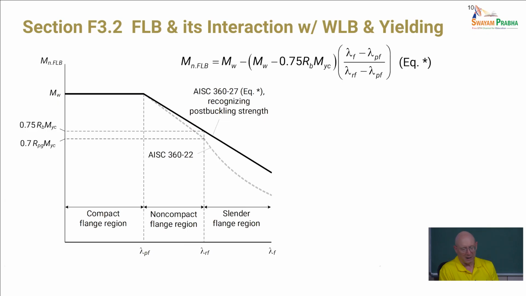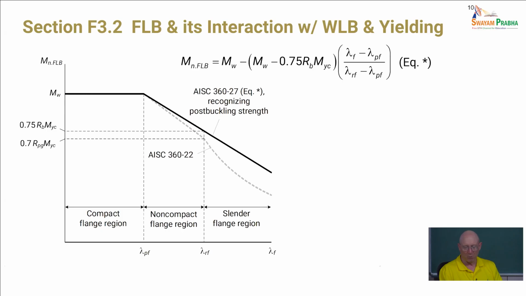So the new calculation will basically just use this linear function, which is a coarse representation of what we would get if we did an effective width approach to calculate the contribution of the compression flange. So it's accounting for some post-buckling strength, but tends to be accurate in some cases, but often still conservative.